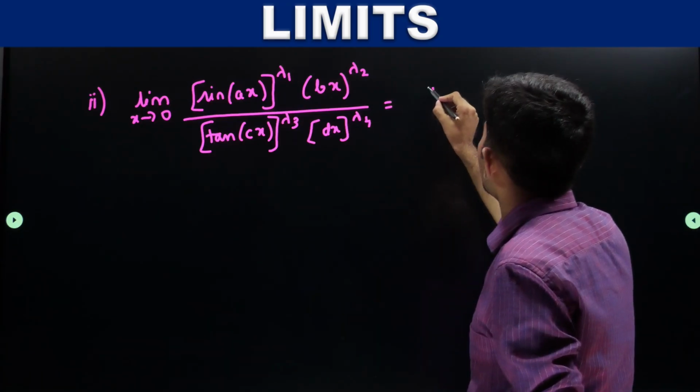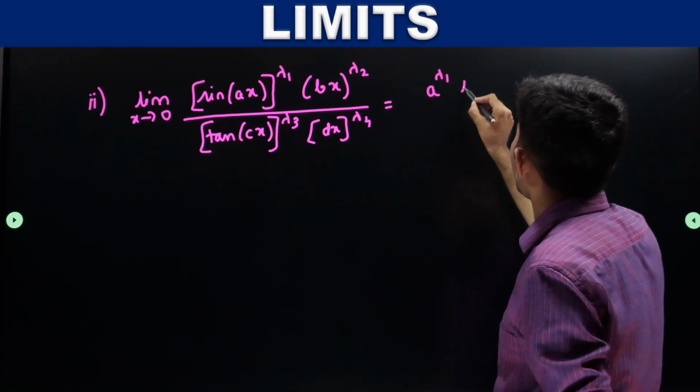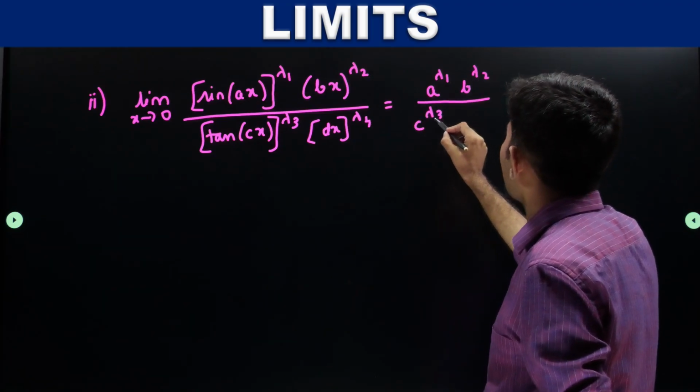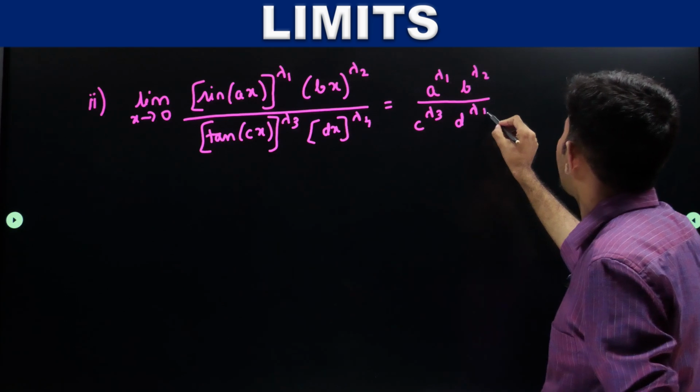This is going to be equal to a power lambda 1 into b power lambda 2 divided by c power lambda 3 into d power lambda 4.